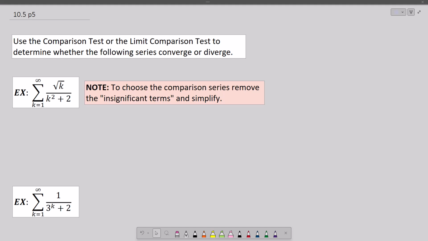Oh, 3 over 2 is greater than 1. This is right. But when you take half away from 2, you get 3 halves. Right, there we go.